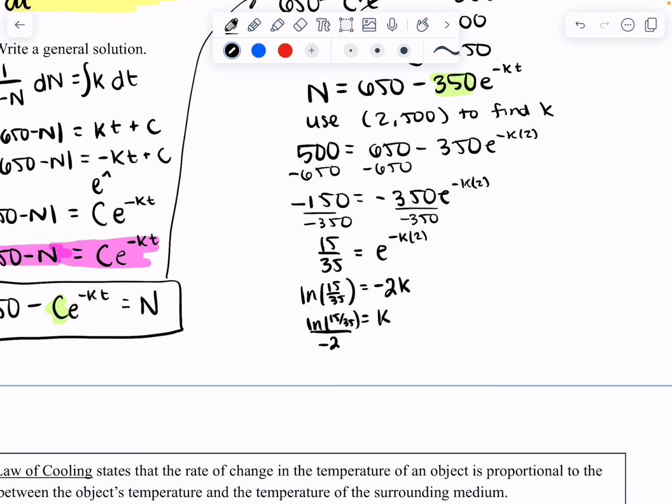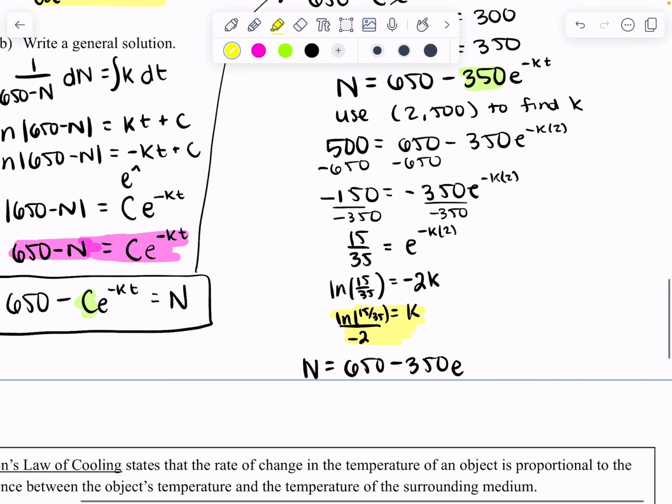And then we can write out our solution. I'm running out of space. N equals 650 minus 350 e to the, okay, now be careful here. Look, you guys, here we're getting that k is a negative.